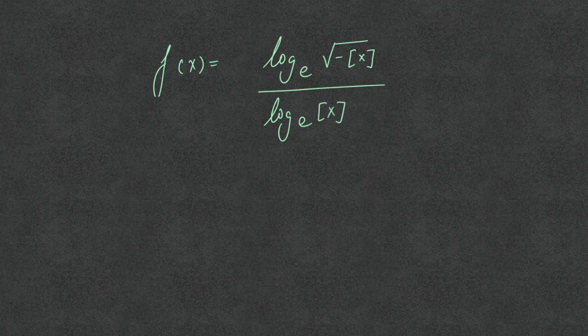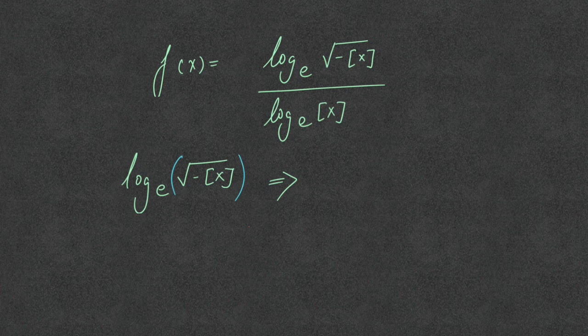That means for log of under root of minus greatest integer of x with base e, this input should be positive, which implies under root of minus of greatest integer of x should be greater than 0. Only then this log function would be defined.